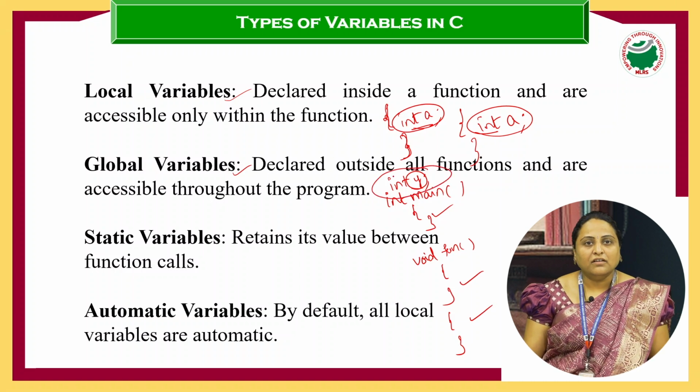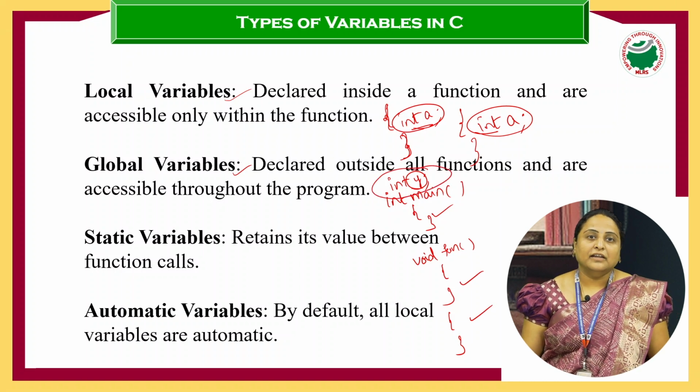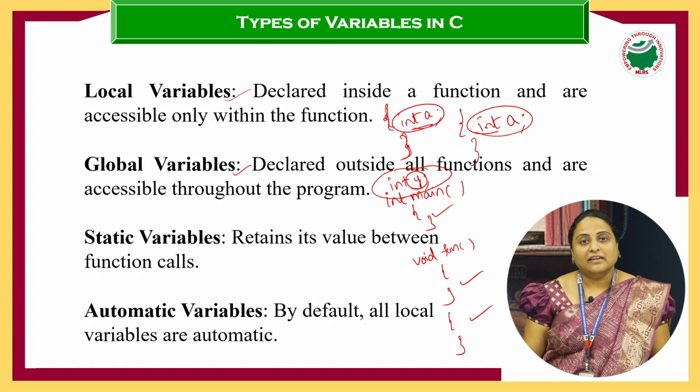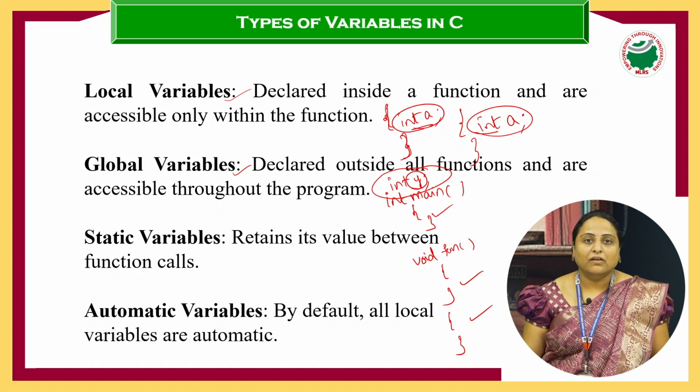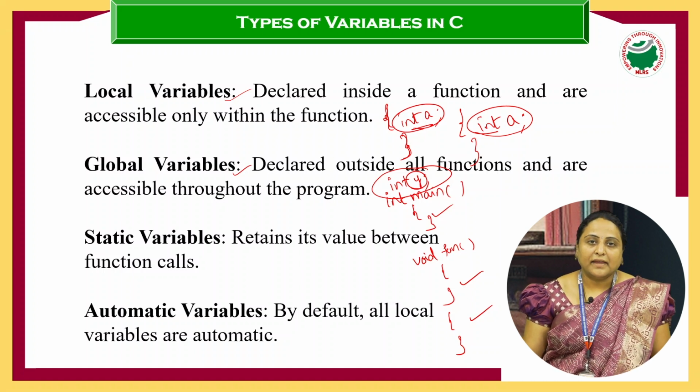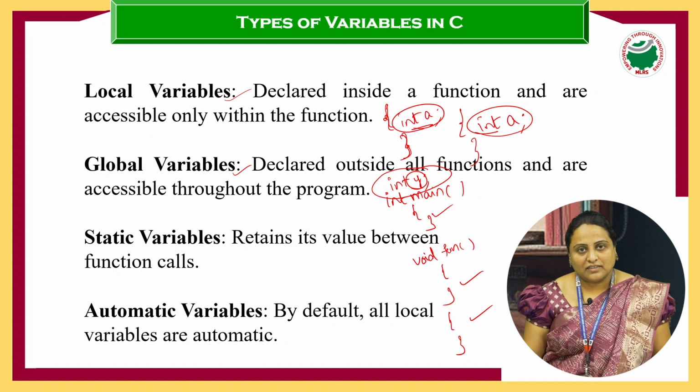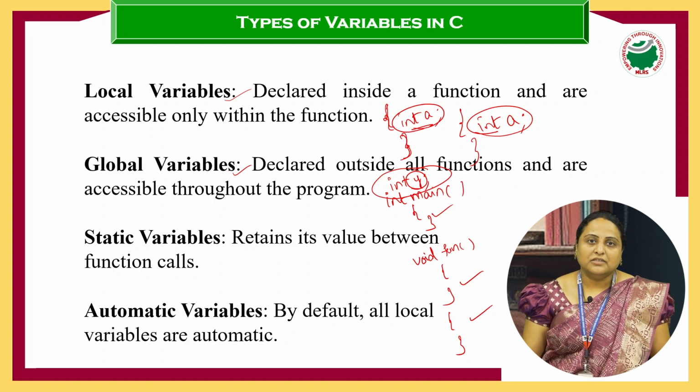That means we are not limiting it to a function, we are declaring it globally outside all the functions so that it can be accessed in any part of the program and you won't get any error. So unlike a local variable, it is not necessary that you declare it inside the block. You can declare it outside the block and use it in any part of the program.